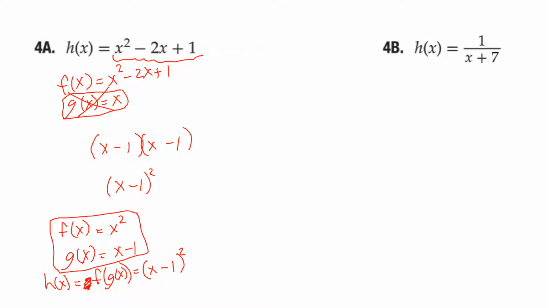Neither one is simply g of x is x. The same is true here. I can say g of x is x plus 7, and f of x equals 1 over x. And then you can see when I compose this f of g of x, I am going to get this h of x.